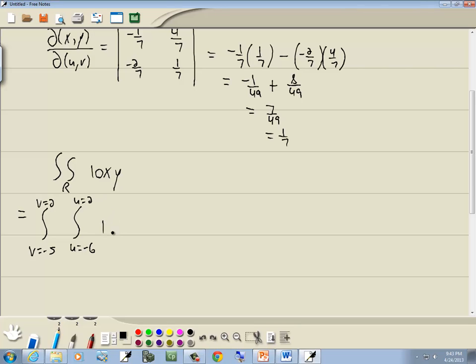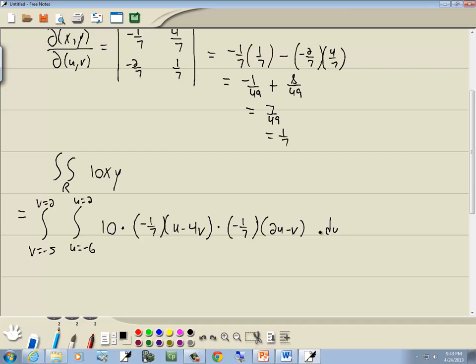And then we have our 10 here, and our x. x is equal to negative 1/7 times (u minus 4v), and that's just from up above, times y, and y we said was negative 1/7 times (2u minus v).